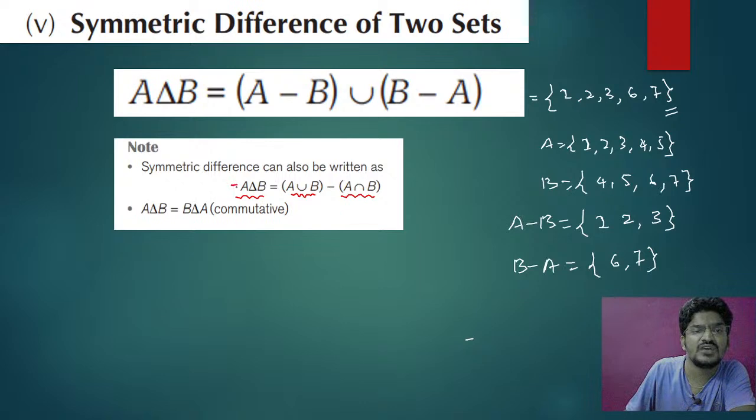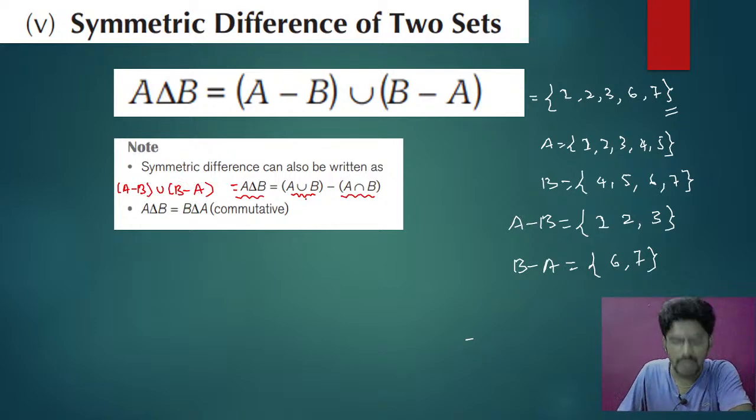A minus B union B minus A is one formula, and the other formula is A union B minus A intersection B. Clear? So please understand the second formula, that is A union B minus A intersection B.